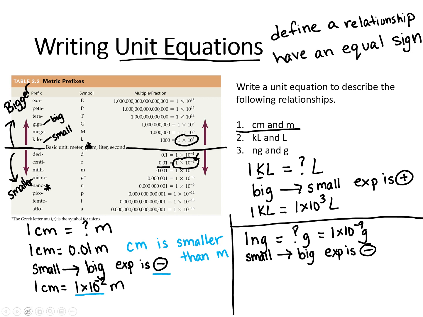Now, here's a bonus. You can also do this by saying, I have 1 gram. How many nanograms do I have? In this case, gram is bigger still, so we're going from big to small.